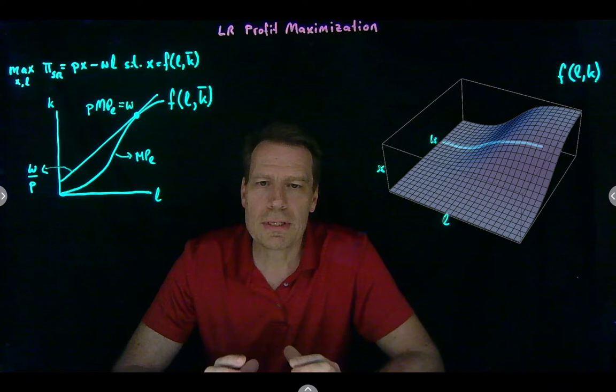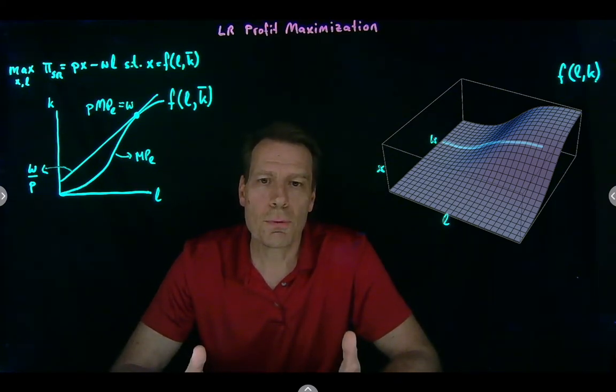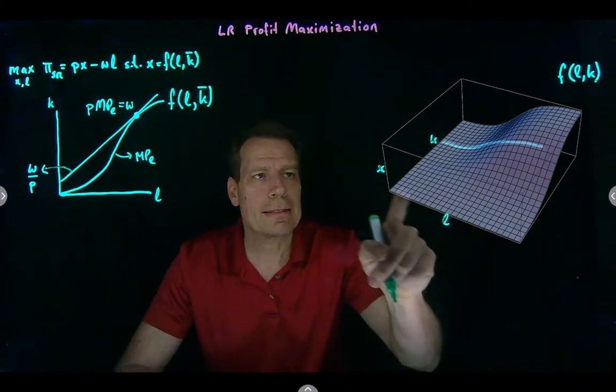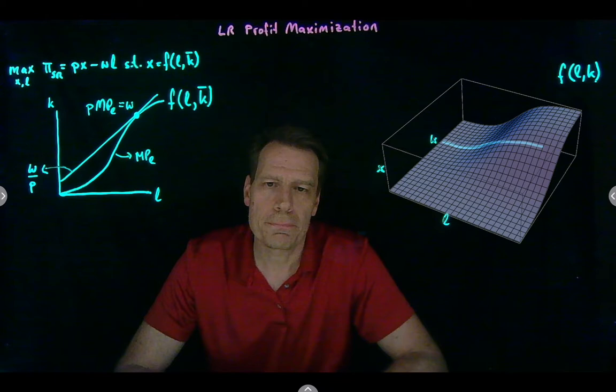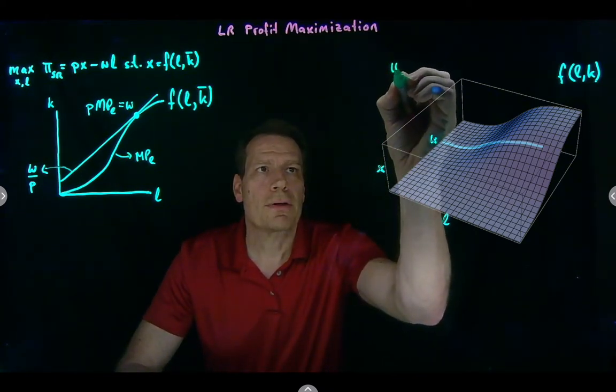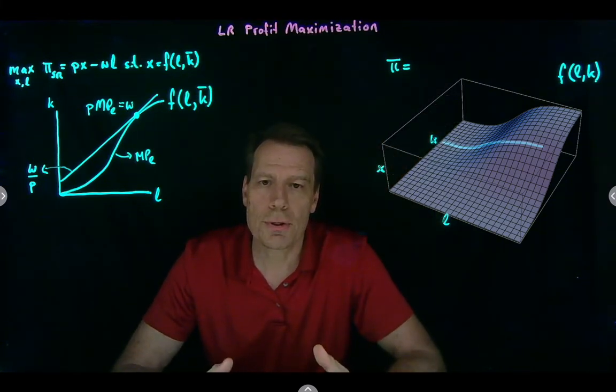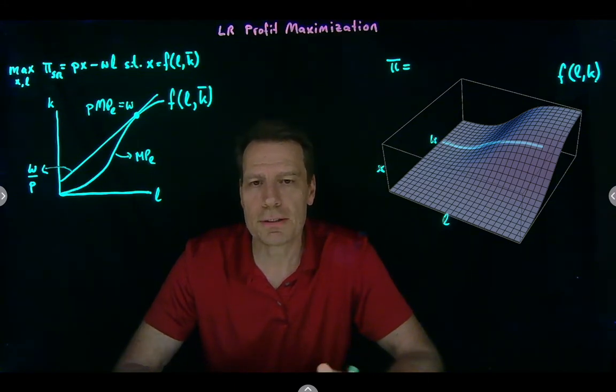We now are going to do the same thing in the long run and provide some intuition for what the profit maximizing conditions are when both labor and capital can be varied by the firm. Now the firm is going to maximize profit where both the labor costs and the capital costs are true economic costs, because both of them can be changed. Neither is fixed.